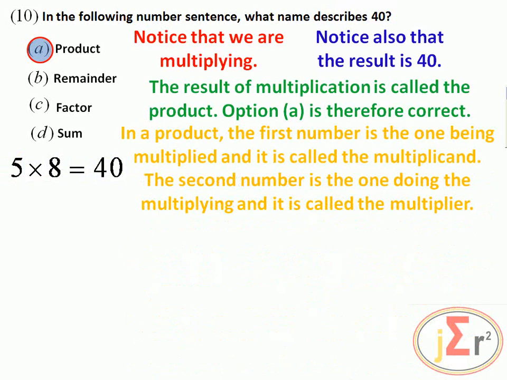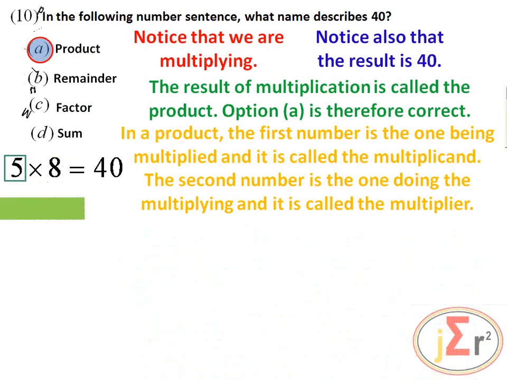In a product, the first number is the one being multiplied, and it is called the multiplicand. The second number is the one doing the multiplying, and it is called the multiplier. So there we have the multiplicand, and we have the multiplier.